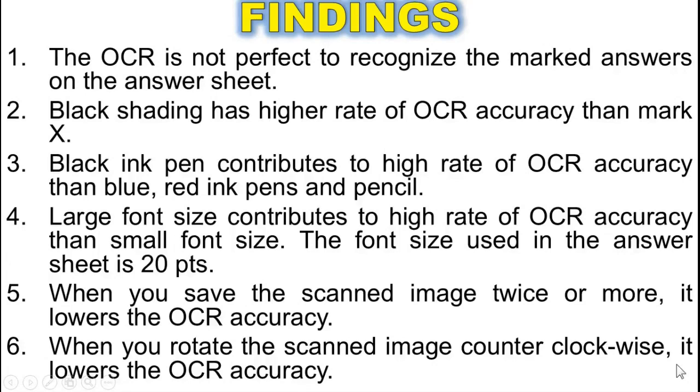Large font size contributes to high rate of OCR accuracy than small font size. The font size used in the answer sheet is 20 points. When you save the scan image twice or more, it lowers the OCR accuracy. When you rotate the scan image counterclockwise, it lowers the OCR accuracy.